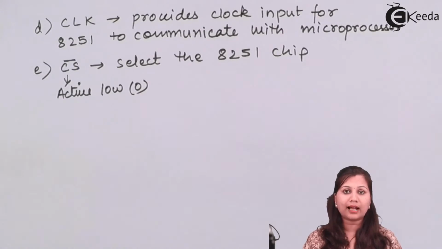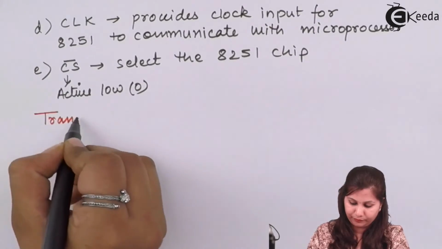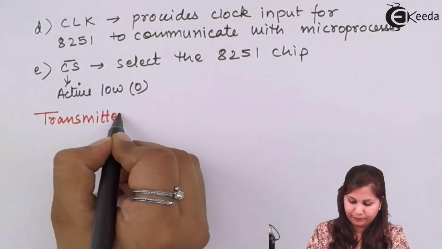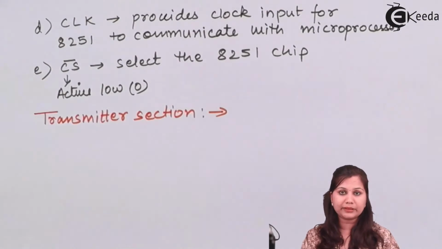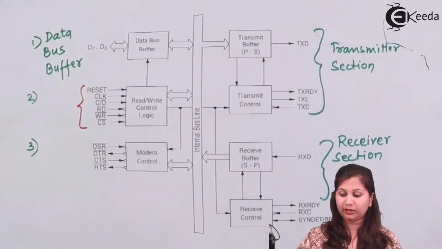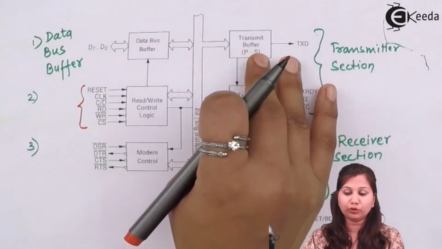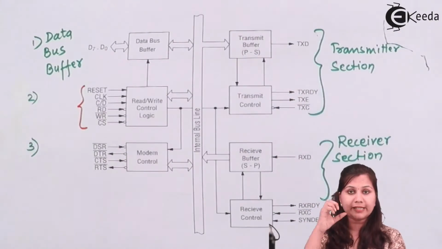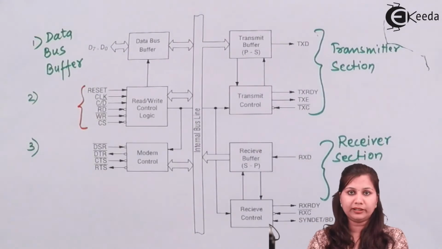Next section is the transmitter section. In the transmitter section, whatever data the 8251 is transmitting is stored in the transmit buffer. This transmit buffer is going to convert the parallel data received from the microprocessor into serial data, and then transmit it to the peripheral devices.